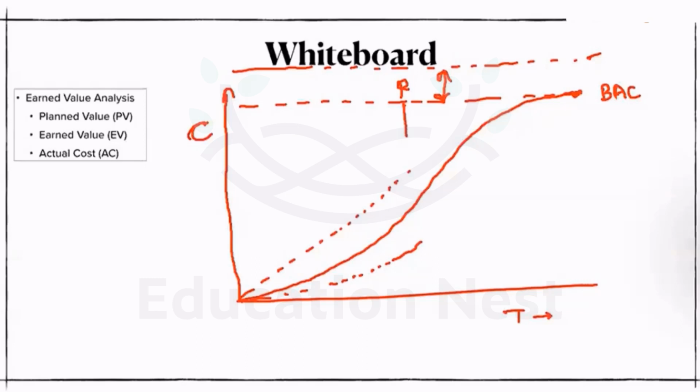So if we draw a line vertically, again, let me quickly name this. This is called the actual cost line, and this is called the earned value line, right? And this is the planned value line, right?